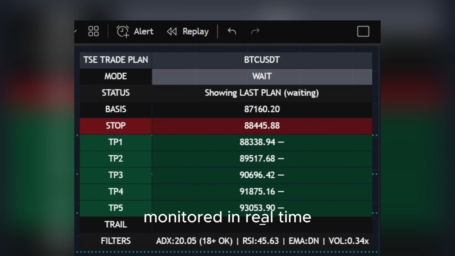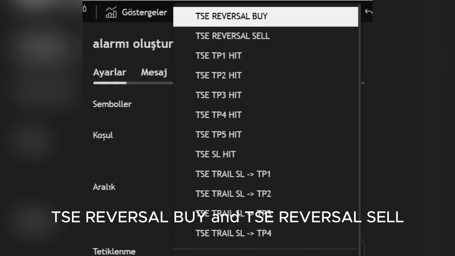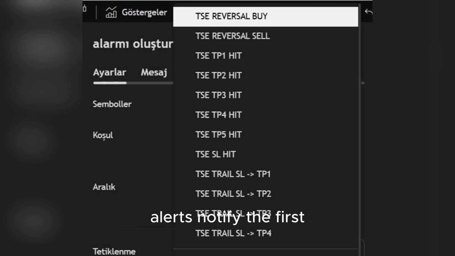In this indicator, there is not just a single alert, there are separate alerts for the entire trading process. TSE Reversal Buy and TSE Reversal Sell alerts notify the first entry signals that come exactly when the trend truly reverses. TSE TP1 Hit to TP5 Hit alerts inform you when the price reaches the targets sequentially.